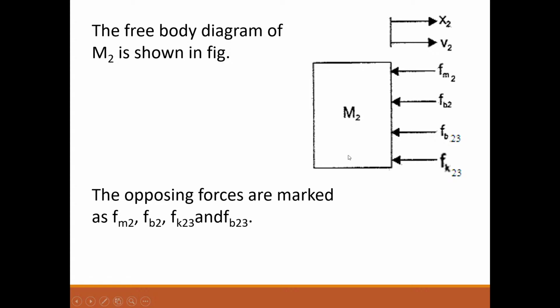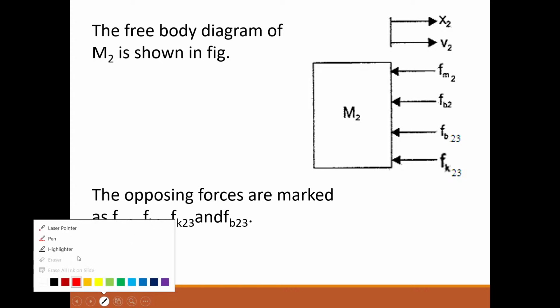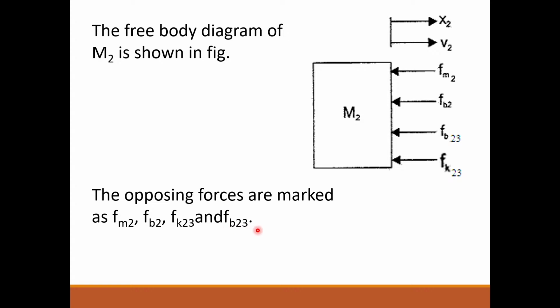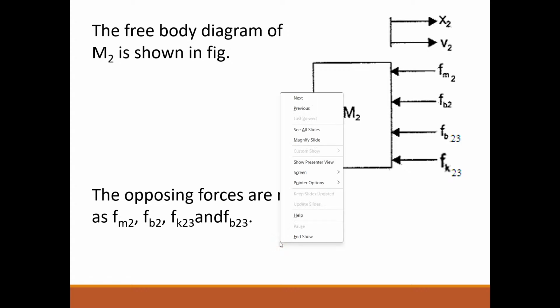Whoever is copying it down, you can draw it, and you can write down the opposing forces Fm2, Fb2, Fk23, and Fb23. Okay, hope you have completed.